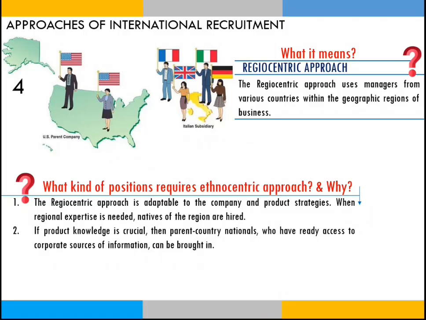That's the rationale behind the regiocentric approach. The regiocentric approach is adaptable to the company and product strategy. When regional expertise is needed, natives of the region are hired. Sometimes, as I mentioned, a particular region may have a similar set of features and characteristics. In that case, this approach works very well.